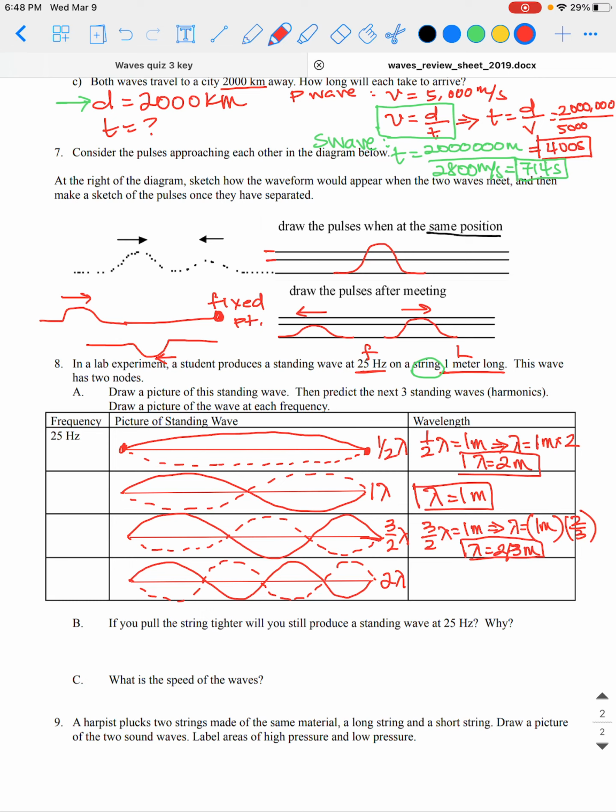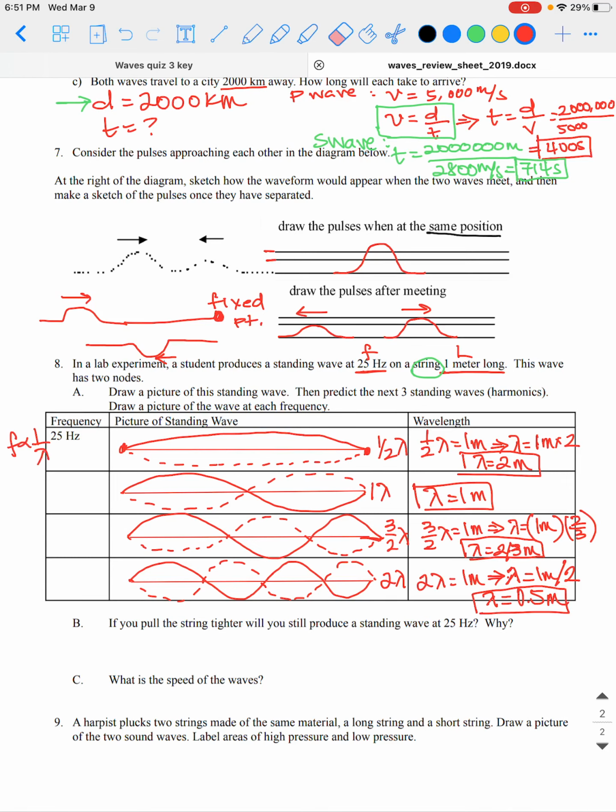And then this last one is 2 wavelengths fit in. So if 2 wavelengths is equal to 1 meter, then 1 wavelength is going to equal 1 meter divided by 2, which gives me a wavelength of 1/2 or 0.5 meters.